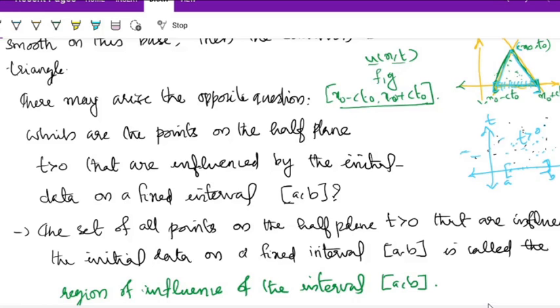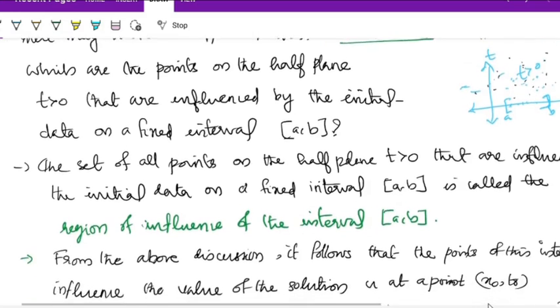Okay, that is the region of influence of this closed interval AB.